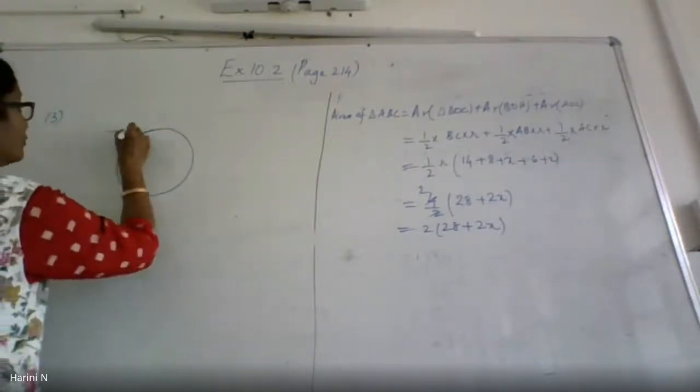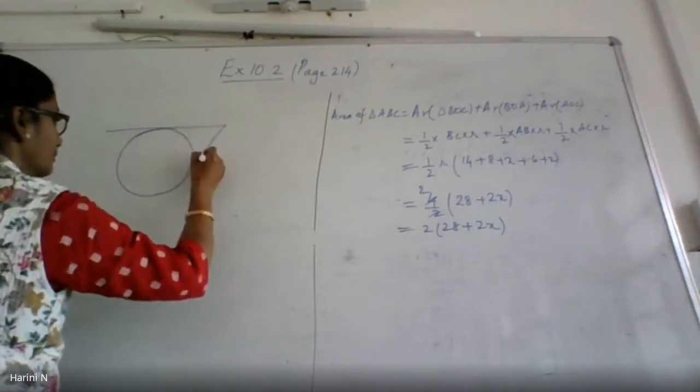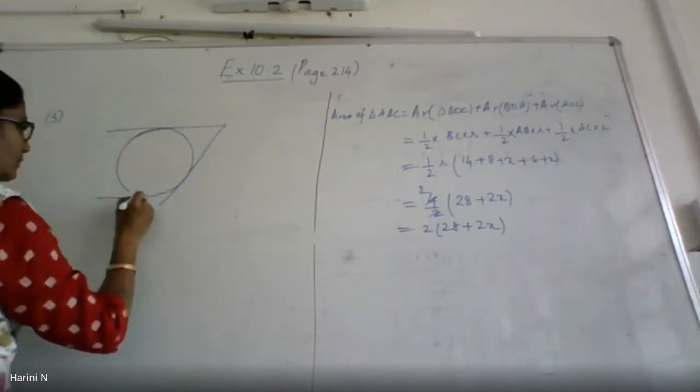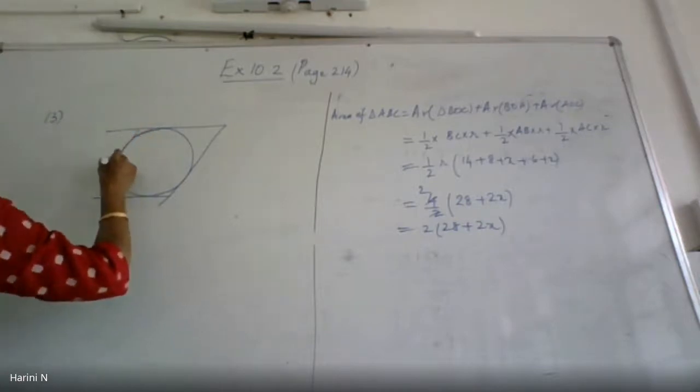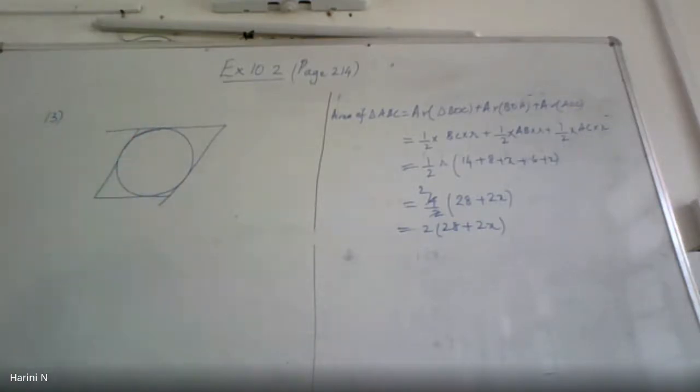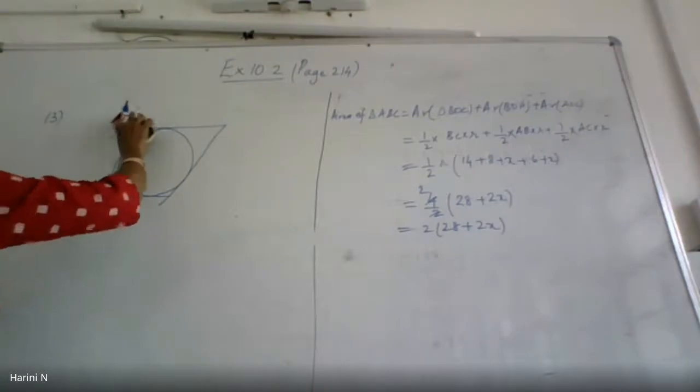So let me draw the 4 sides. Okay, so I got a quadrilateral which is circumscribing the circle.